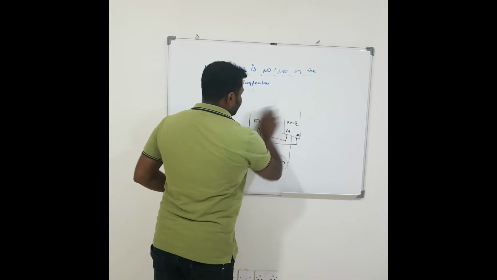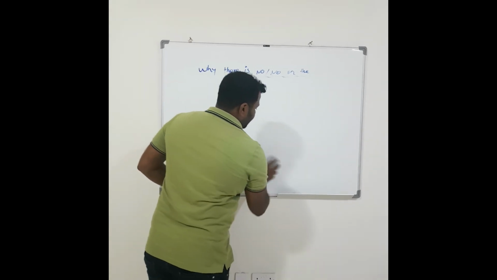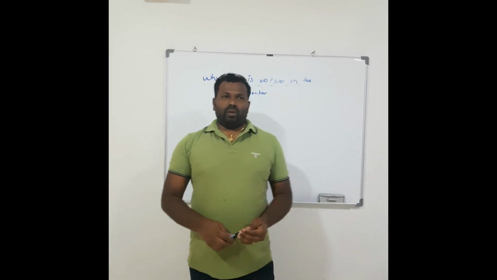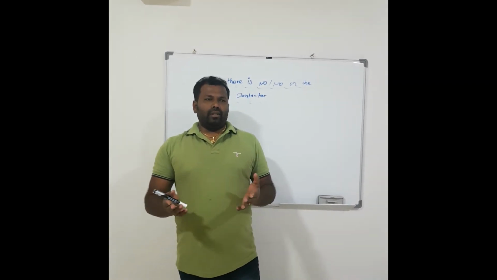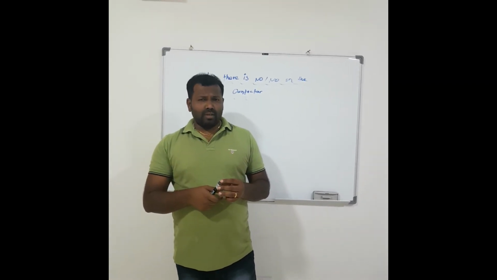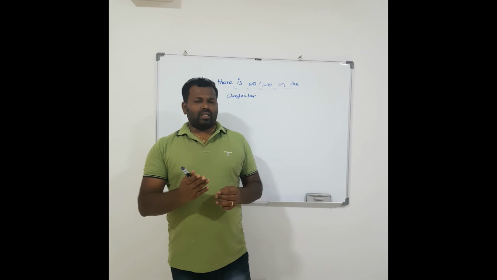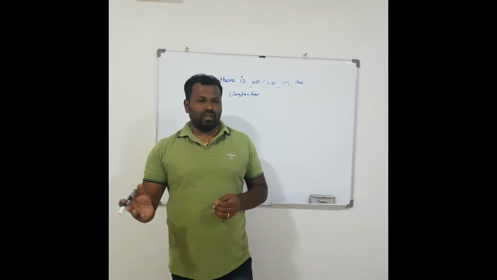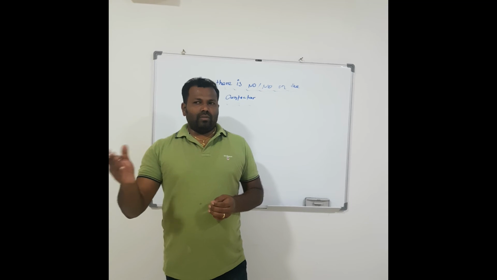Another application for this NO-NC contact. For example, if you have 3-4 equipments, they should work step by step. Like if the first equipment has started, then only the second should start. If the second has started, then only the third should start. If the third has started, then only the fourth should start.